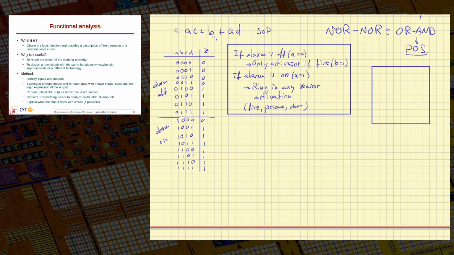Let's do it like this, make it square, more or less. We are going to do a Karnaugh map for our circuit, and from the Karnaugh map we will derive a minimal product of sums, and from the product of sums we could write directly an OR AND, or in this case a NOR circuit.